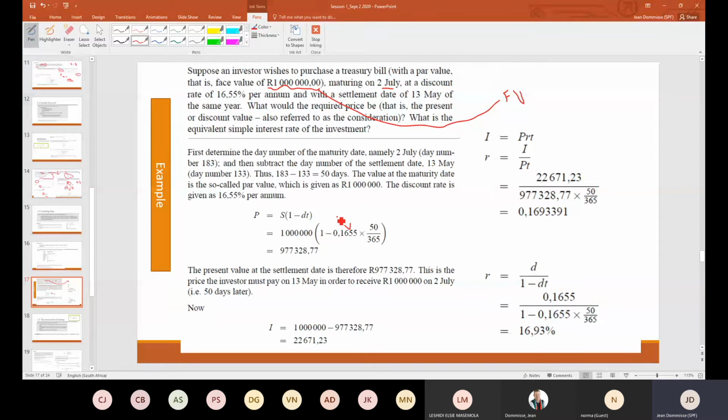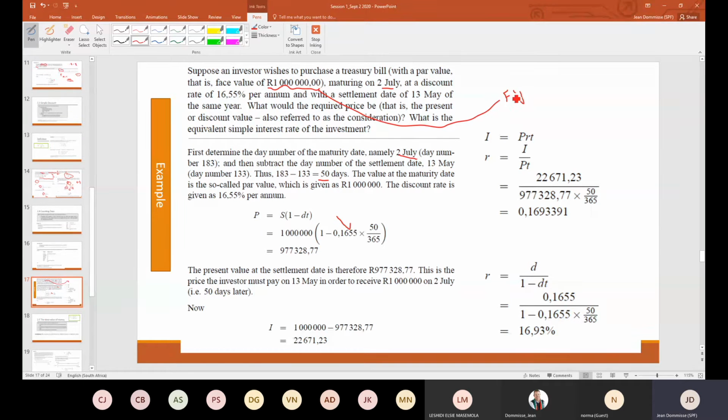If you use the table for counting the number of days, the 2nd of July would be 183. The 13th of May would have been 133. So if you subtract the two, you get 50 days.